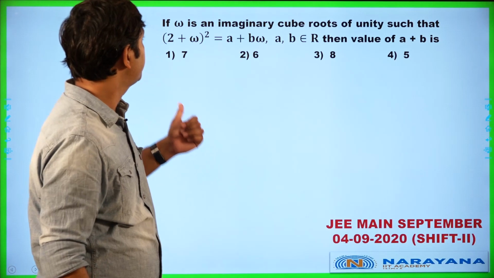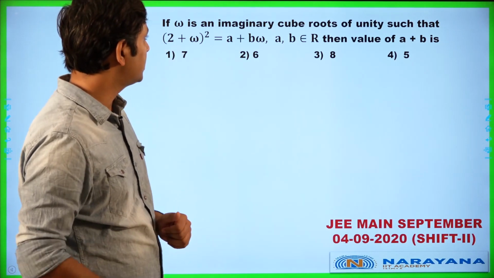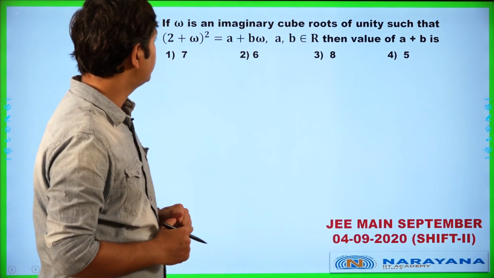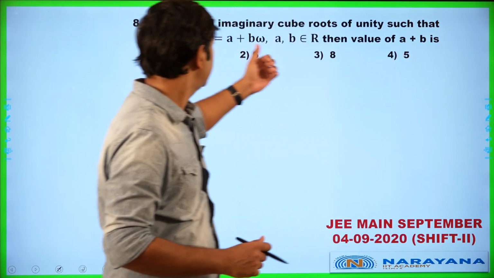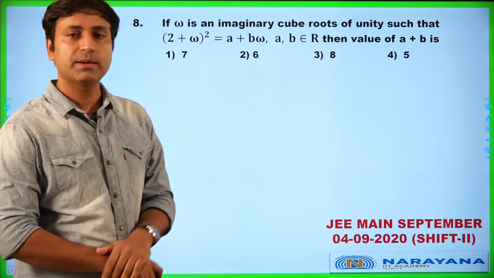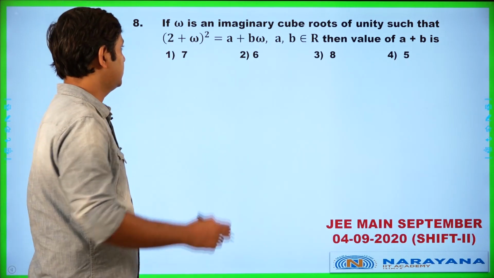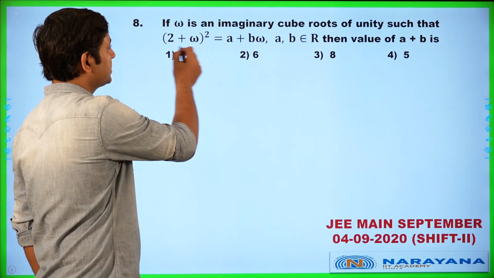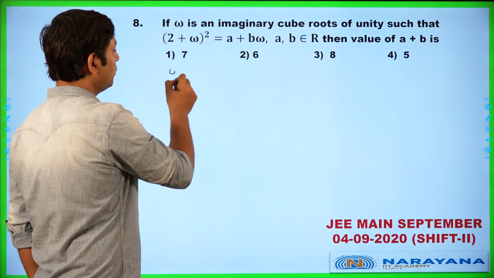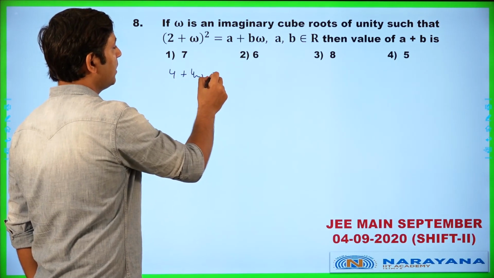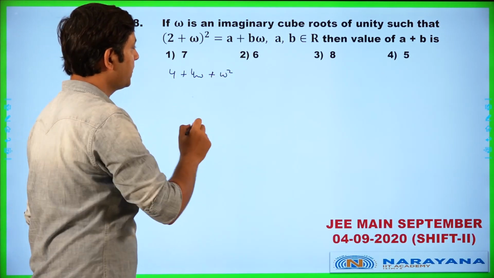In the next question, we have omega as an imaginary cube root of unity, and we have to find a plus b such that 2 plus omega whole square is a plus b omega. Simple question. Expanding 2 plus omega whole square, we'll get 4 plus 4 omega plus omega square.